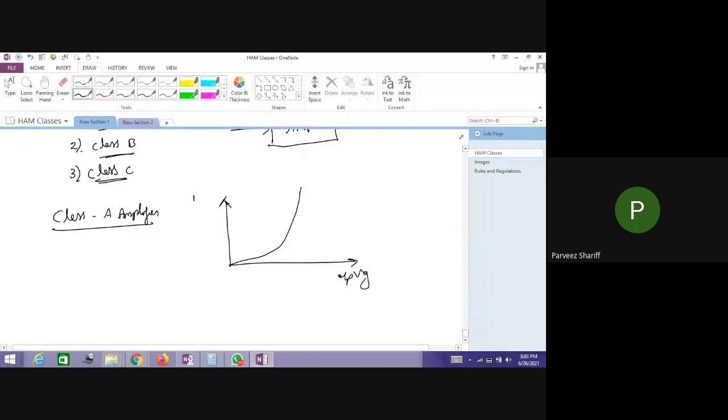Now across this transconductance, let me extend this a little bit. This is the output voltage.